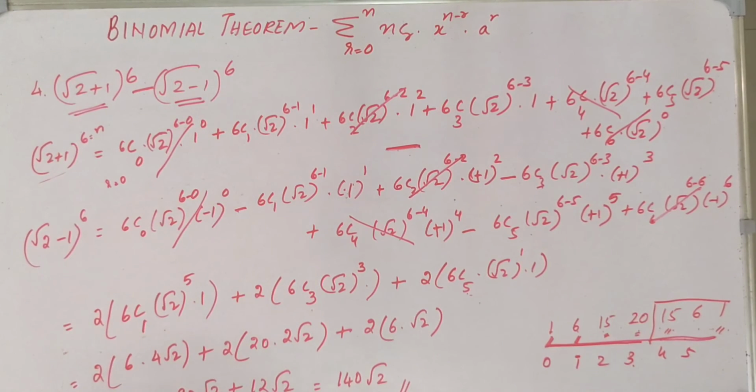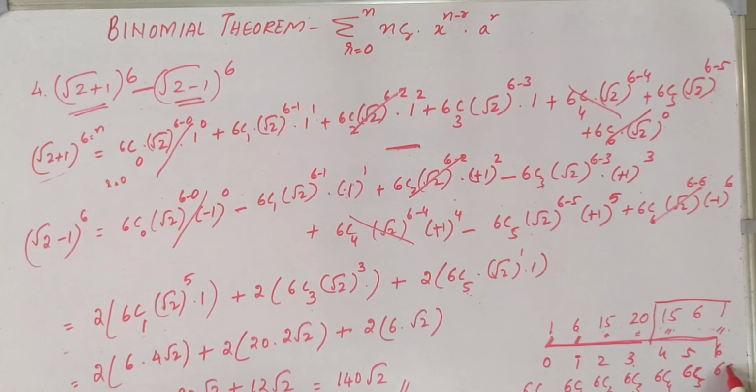And tip number 4 is remember the coefficients of 6c1, 6c2, 6c3. Remember all of these coefficients. There are 2 ways to remember these coefficients. Like I said, remember them as they are, as numbers. This is 6c0, 6c1, 6c2, 6c3, 6c4, 6c5, and 6c6.